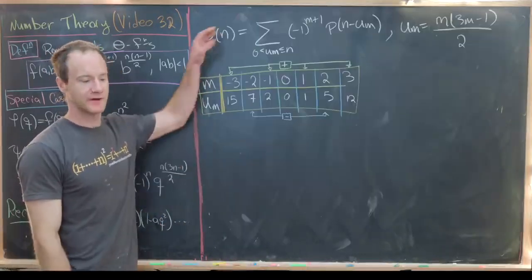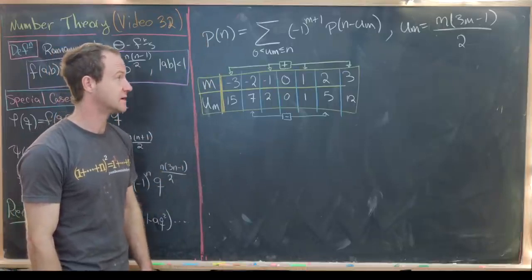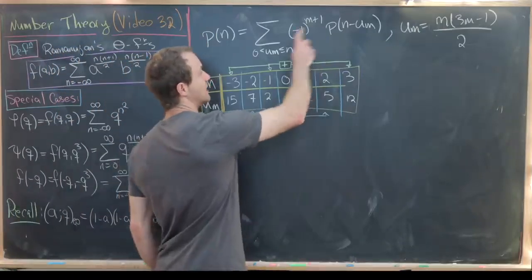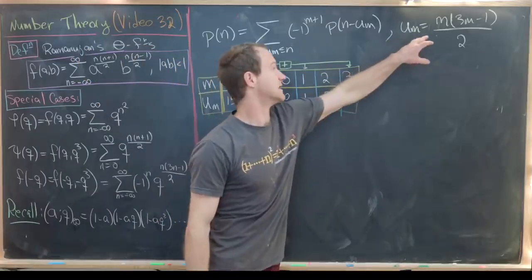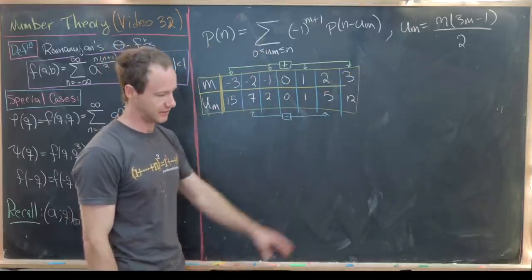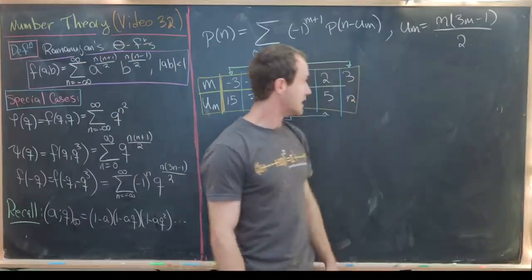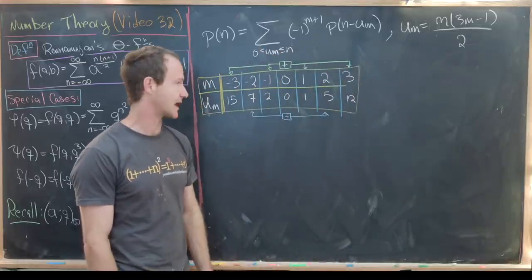Okay, on the last board we came up with the following really nice recursion for the number of partitions of n, in terms of the number of partitions of numbers less than n, differing by this number over here, m times 3m minus 1 over 2. I want to point out that this number, m times 3m minus 1 over 2, is called a generalized pentagonal number.